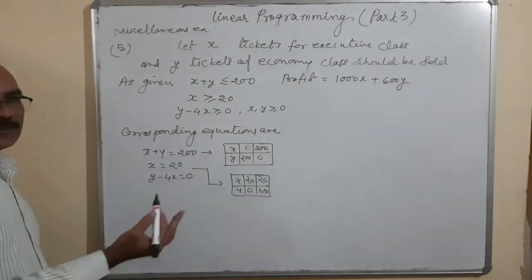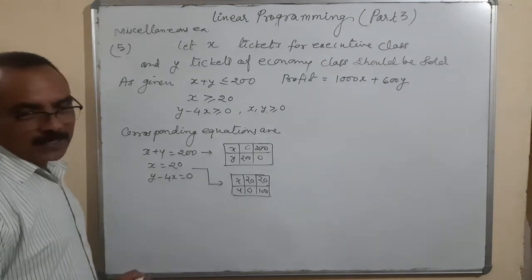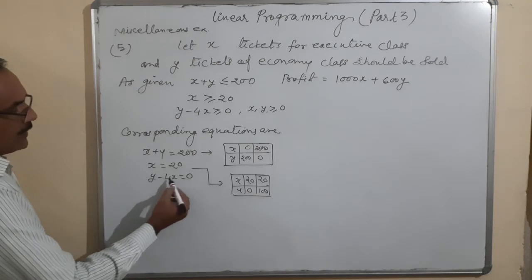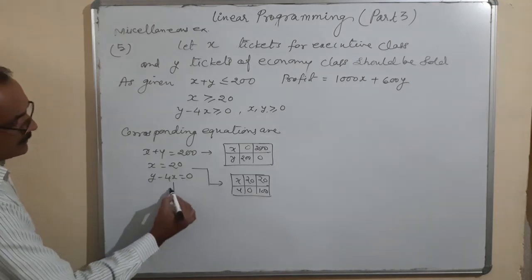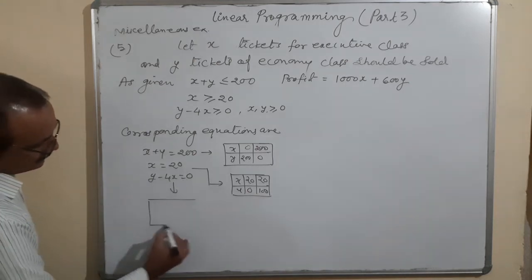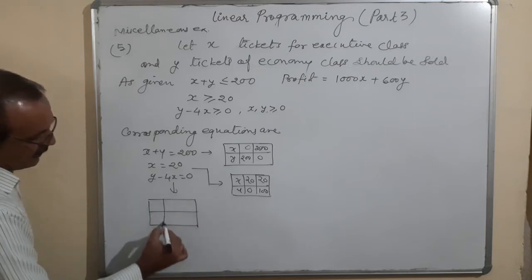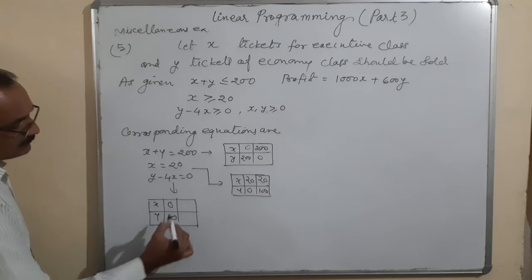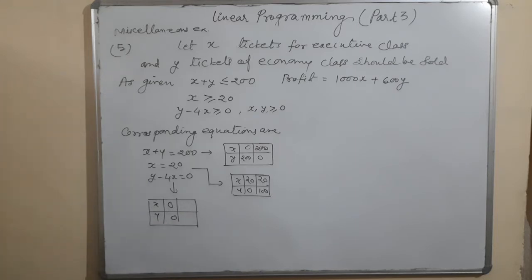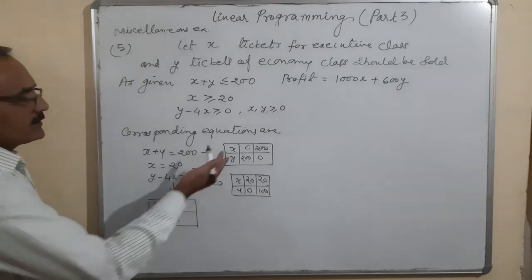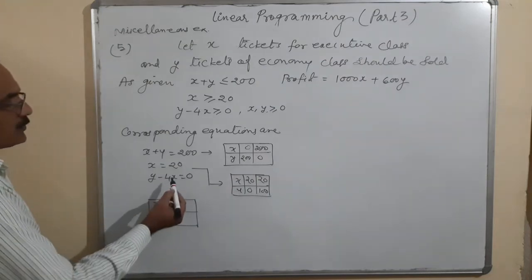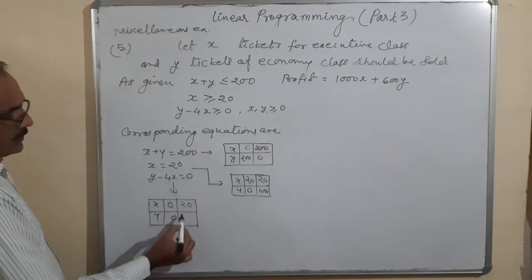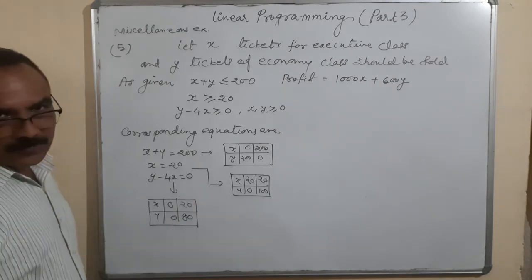Y can be anything, positive or negative; I am writing only positive, but you can write any value. For y minus 4x is equal to 0, x is 0, y is 0. If I take x is equal to 20, then 4 times 20 is 80, so y is equal to 80. That gives 20 comma 80.